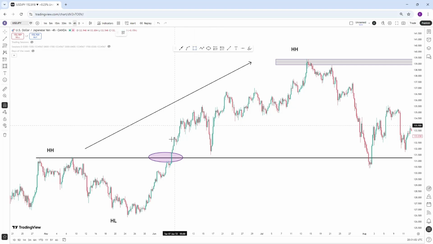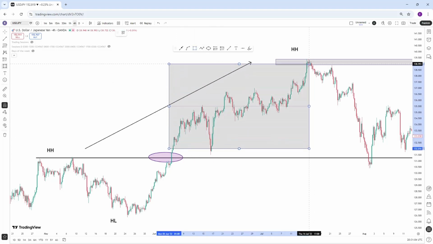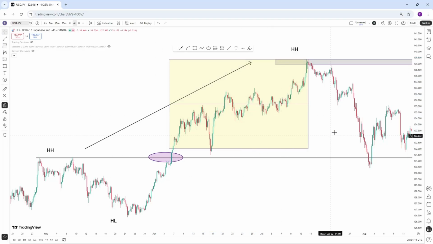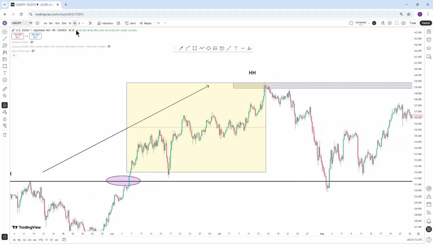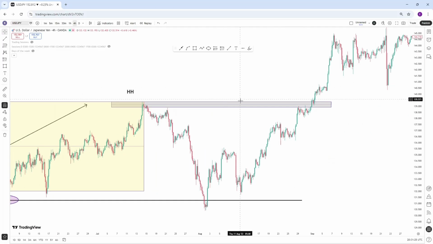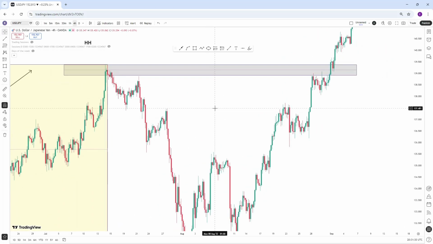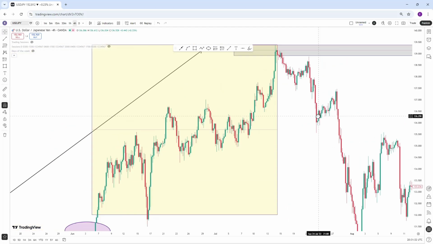This whole move was our indication, since we're using the higher time frame. If we scale down to a lower time frame like the 4 hour, that's how we can see the end of an indication. From here, the market bought up to here. So in order to see the end of an indication, the market is to shift structure.